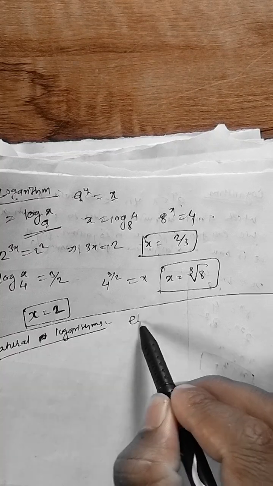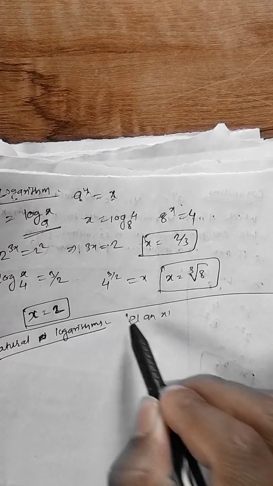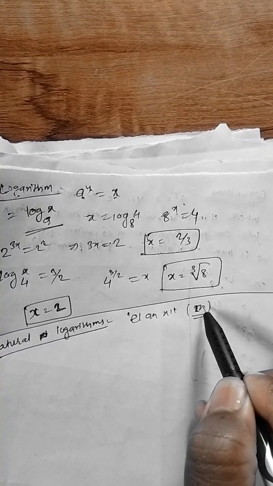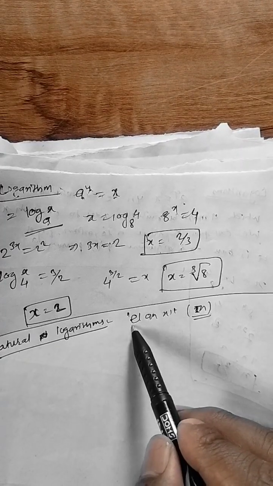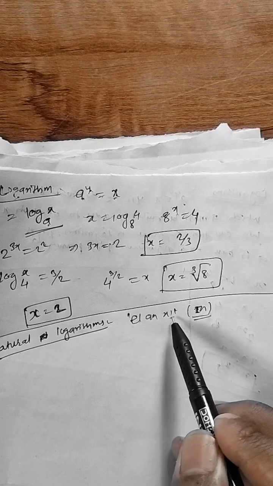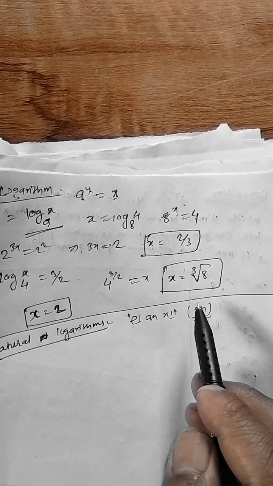It is read as ln x. Natural logarithm is written as small l n x.